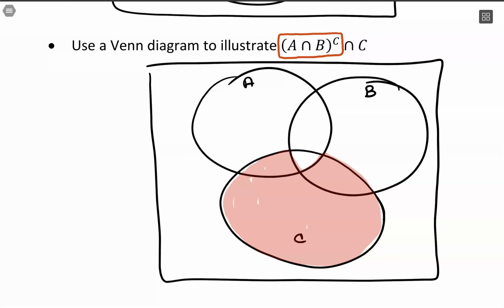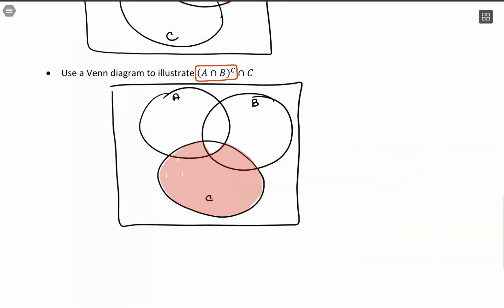I can have values from B individually and A individually, that's fine, but I just want to exclude any cases where there's both.